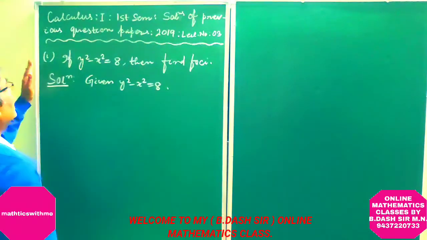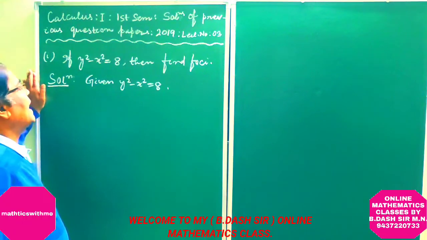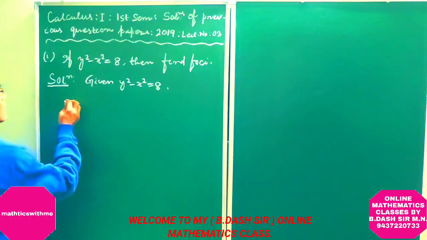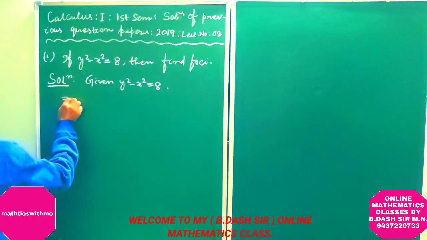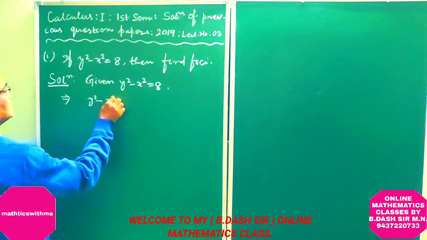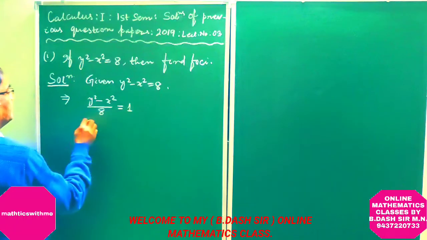If y square minus x square is equal to 8, then find foci. Given y square minus x square is equal to 8, this implies y square minus x square by 8 is equal to 1.